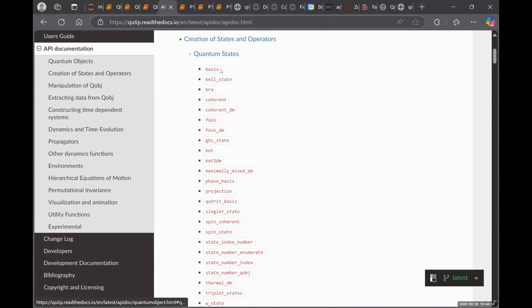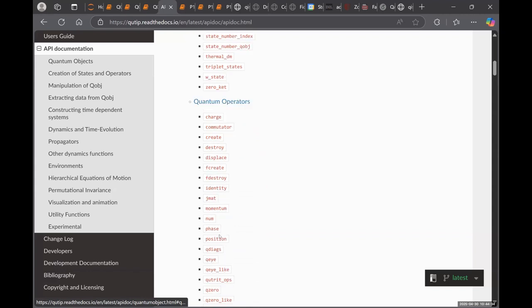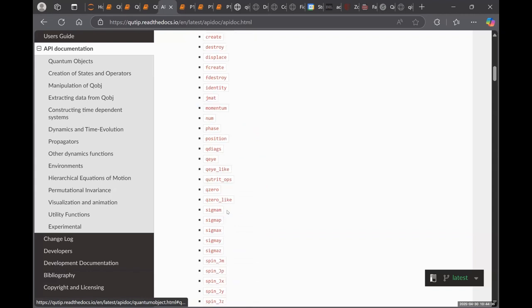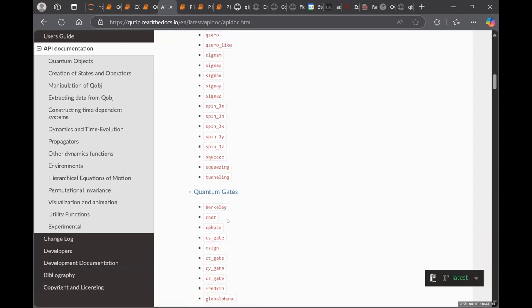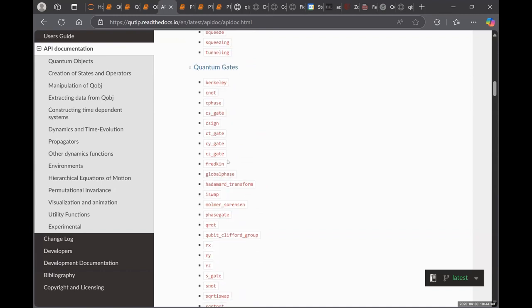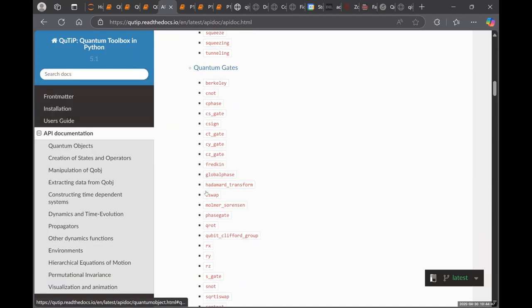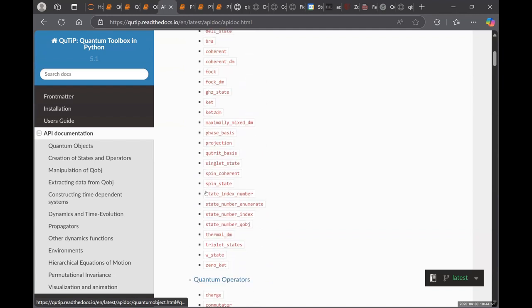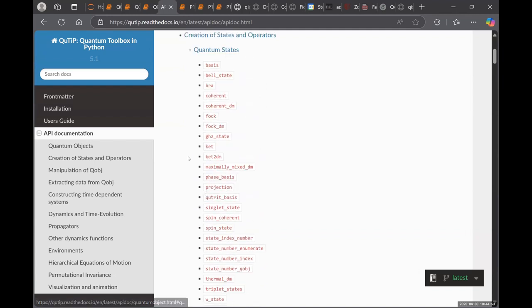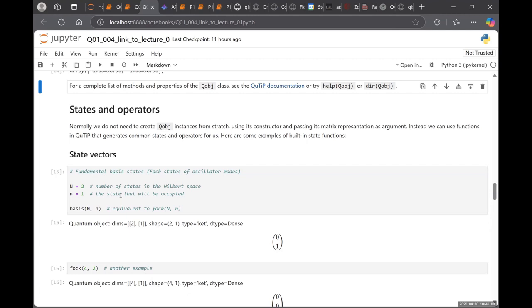Quantum states, quantum operators, gates. This is mostly what we already have learned from the circuit, but they have more than that. They have, for example, annihilation operator, creation operator. We'll probably see that soon. Okay, let's go back here.